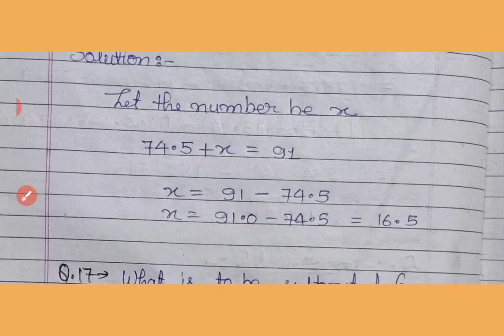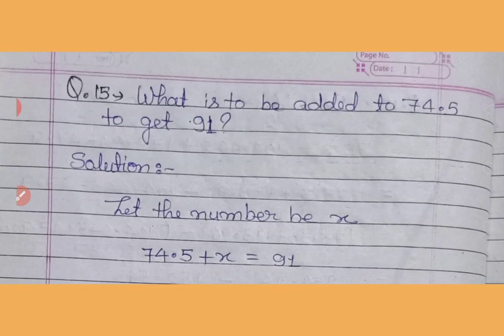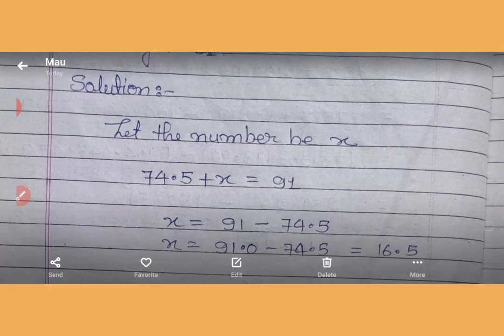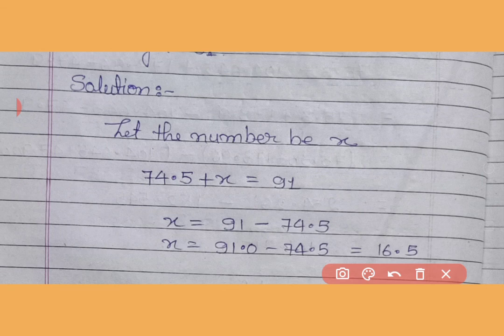Next question, what is to be added to 74.5 to get the answer 91? It means the question is asking what should be added to 74.5 so that it becomes 91. We don't know what we have to add, so we will assume a number. So what will we do, we will assume a number. Here we have assumed a number that is x.